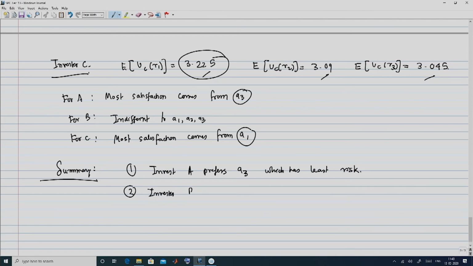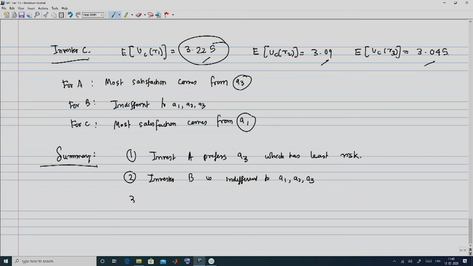Investor B is indifferent to A1, A2, A3. So, again this is consistent with the utility function for risk neutral.